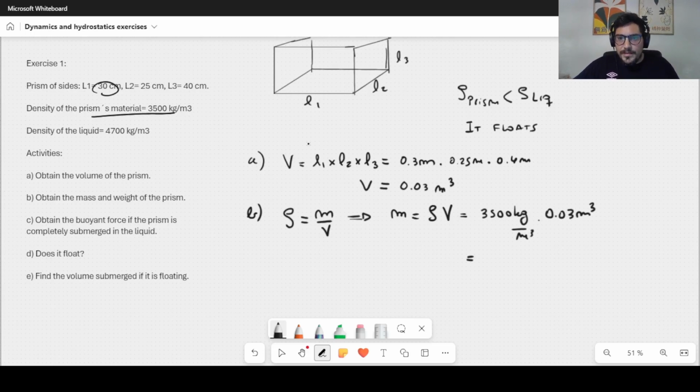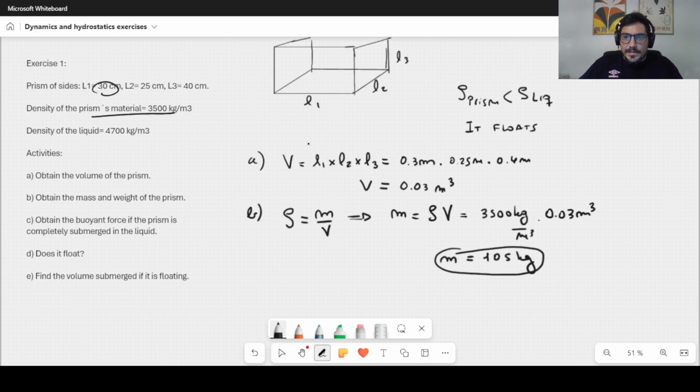So the mass in this case is 0.03 times 3,500. The result is 105 kilograms.